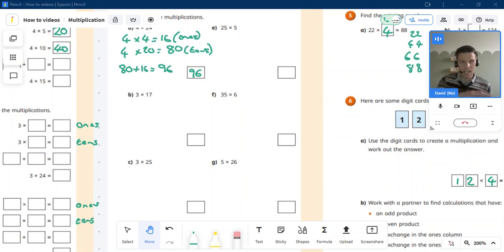So we've got to the end, but we don't know all the parts in the beginning. So what we're going to have to do is work backwards, and this is called using the inverse. So the inverse to multiplication is divide. So we've got 172. Now, he multiplied it by 4, so we're going to use the inverse and divide by 4. But 170 and 2 don't divide by 4.